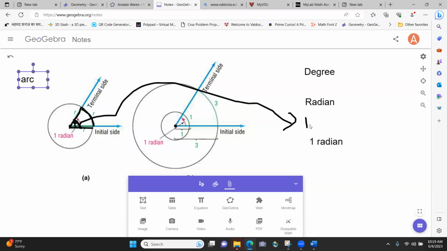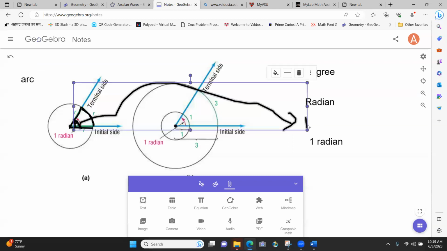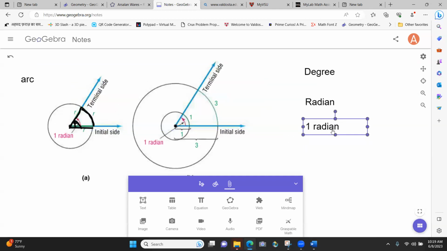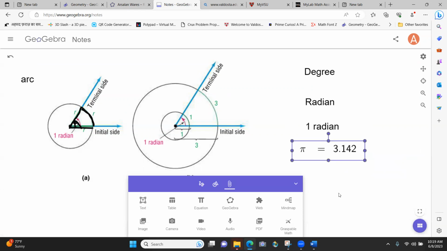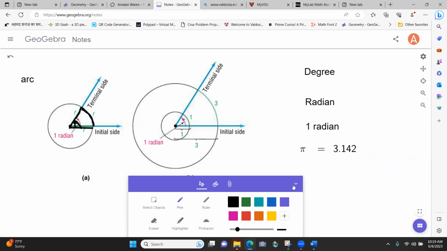Now, how do we keep it straight? The best way is to remember this little formula. Remember, pi is just a number, about 3.142. Now, you can mathematically show that pi radian is equal to 180 degrees.